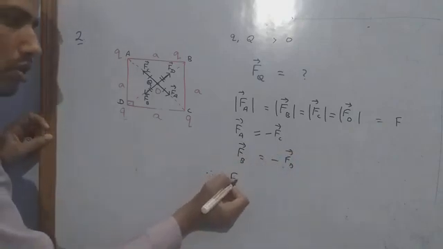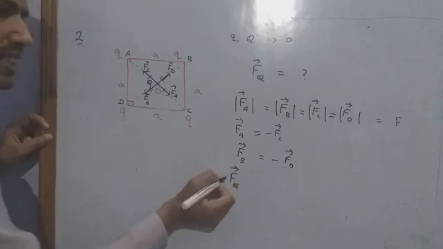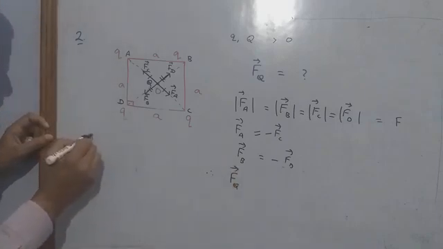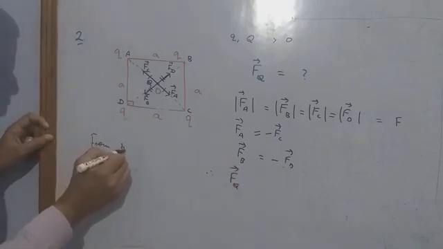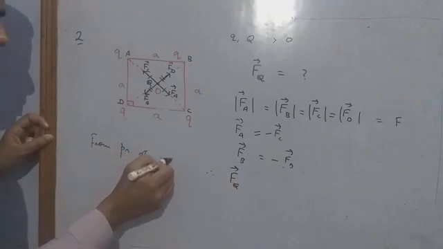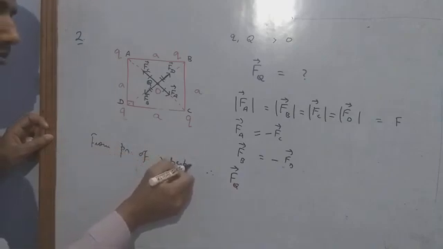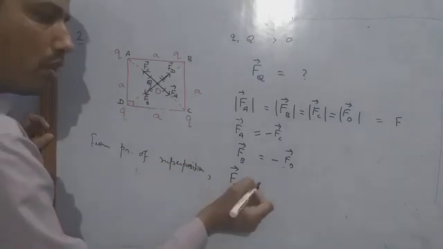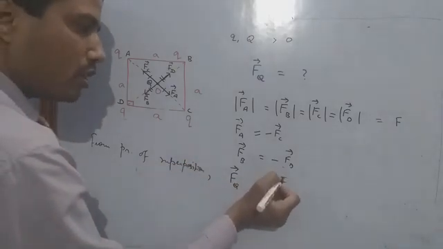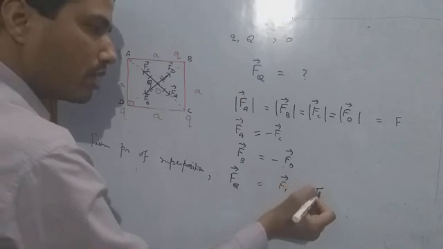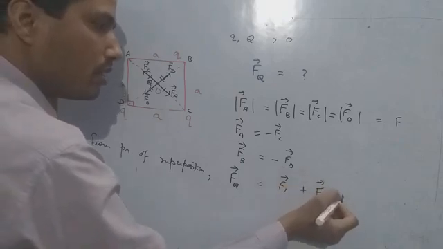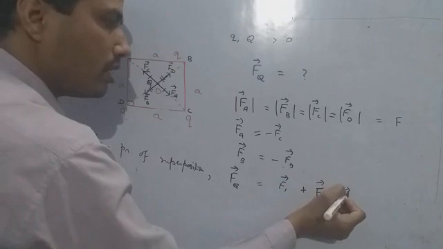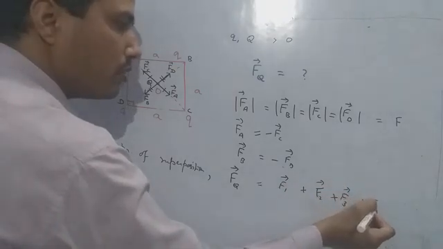Therefore, from the principle of superposition, the net force on charge Q will be given as the sum of the individual forces, that is F1 vector plus F2 vector plus F3 vector plus F4 vector.